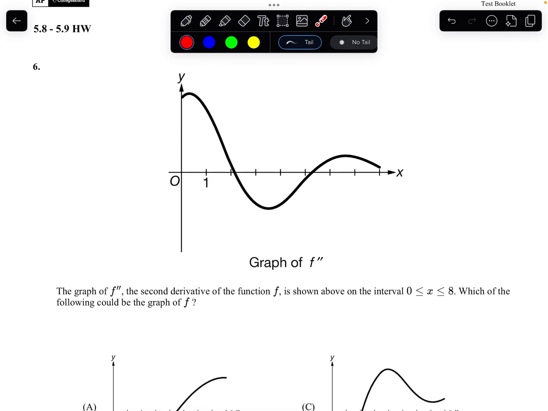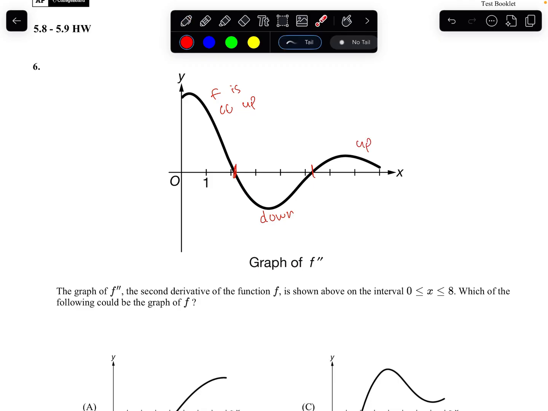All right, for 6, the graph of f double prime, the second derivative of f, is shown above on the interval from 0 to 8. Which of the following could be the graph of f? This means right here that f is concave up. This is going to be concave down from there to there and concave up.